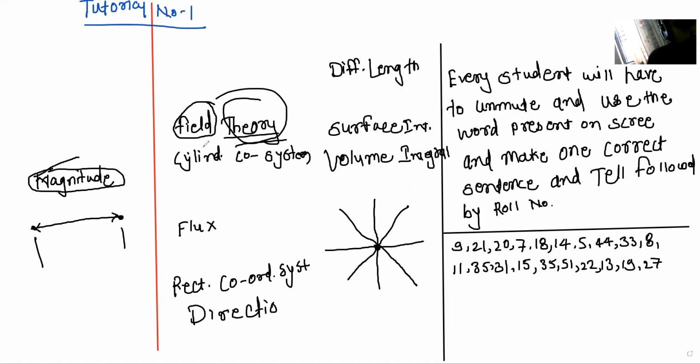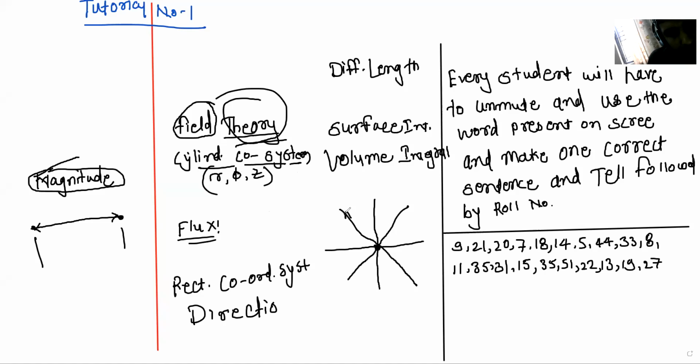Then we have a cylindrical coordinate system, right? In cylindrical coordinate system, you can use a cylindrical structure to represent a point in the form of r, phi, and z. Any point you can represent with r, phi, and z. Then you have a flux, right? Flux is nothing but number of lines of force.